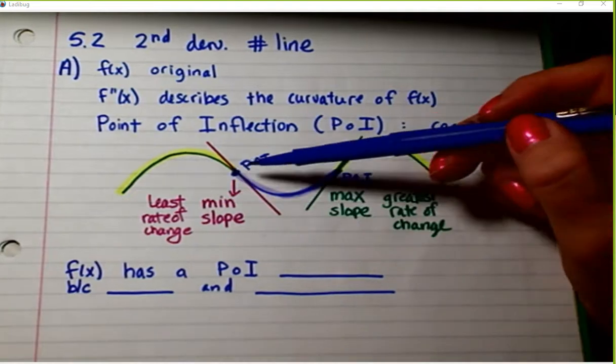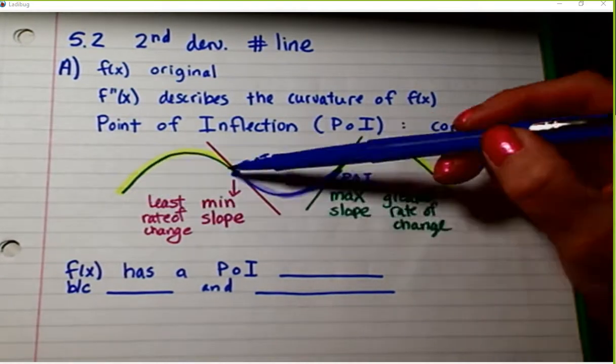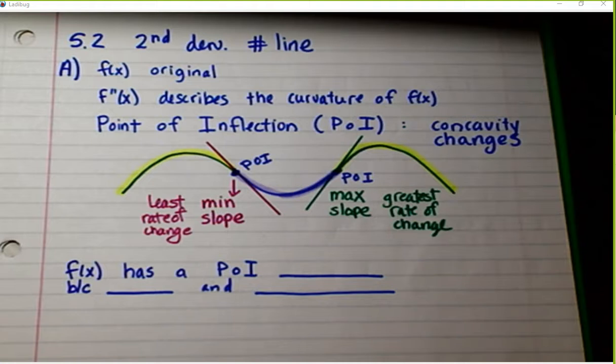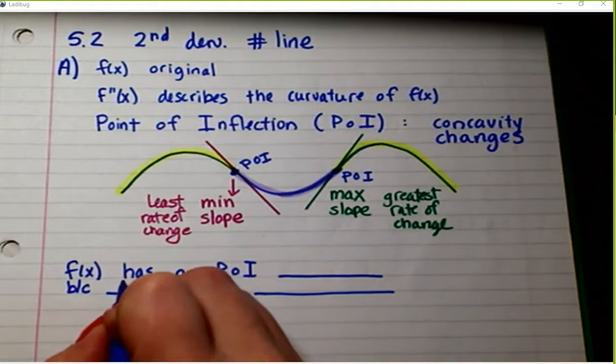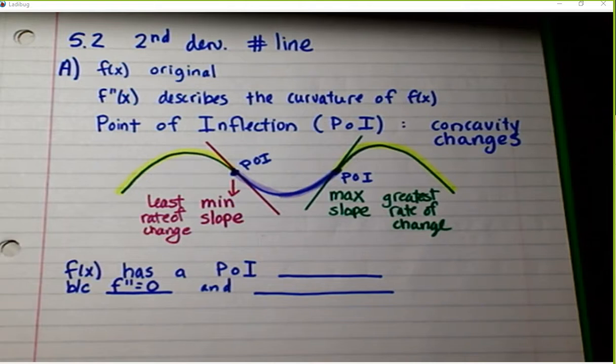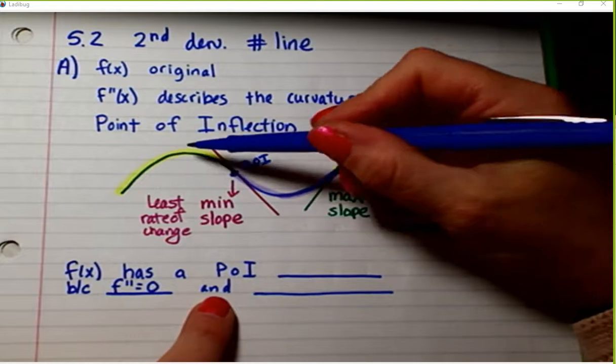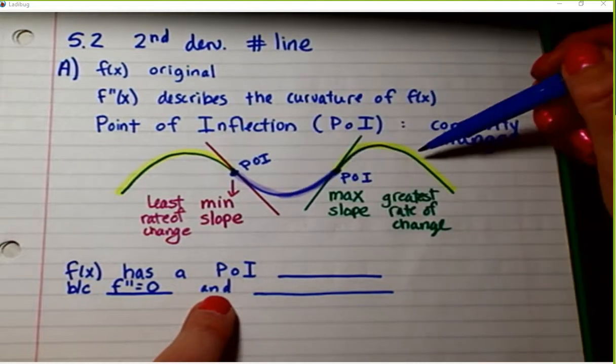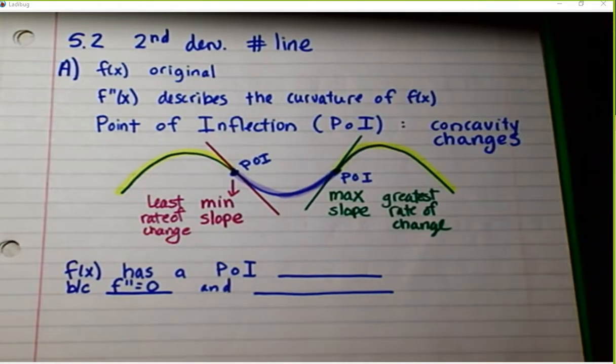okay, so notice that the point of inflection is between yellow and purple. So if it's between, it's a 0, because it's between. Okay? And, right, yellow, purple, purple, yellow. They're both points of inflection.